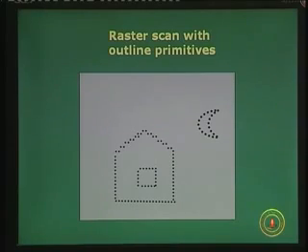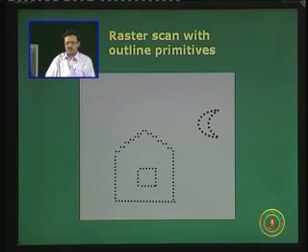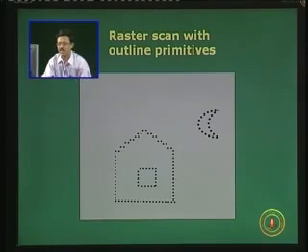When we talk about raster scan with outline primitives, we are talking about points being drawn on the screen. So, a line essentially consists of points, and these points help to draw a line. This is again a very simplified picture of a house with a window, a simple example of just the outline primitives.